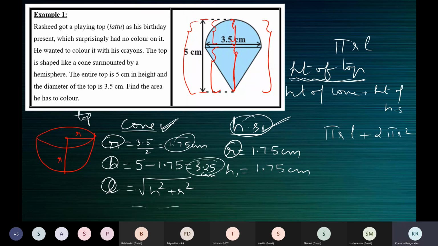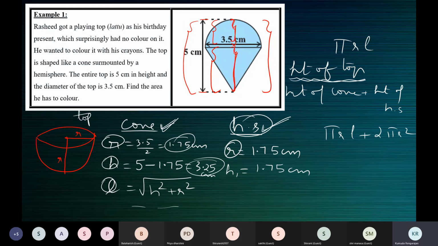The values are very, very important. From the question, you must get the values of the radius, height, slant height, whatever is involved, correctly. Only then your final answer will be correct.